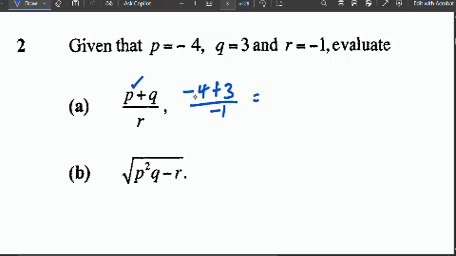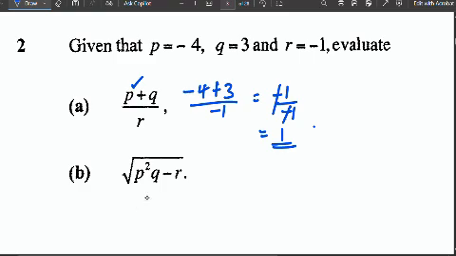So minus 4 plus 3, that's minus 1, over minus 1. So negative and the negative, 1 into 1, that's 1. So our answer is 1. Someone wrote 0 here. That's not correct. 1 divided by 1 is 1.